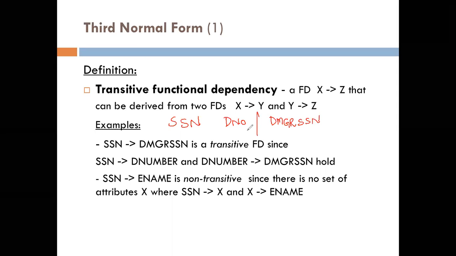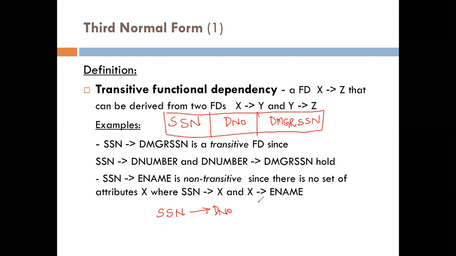If in any relation we have these three attributes, then the functional dependencies that exist are, first, SSN is determining the department number of an employee. Based on the SSN, we can decide which employee belongs to which department. So that is one functional dependency.